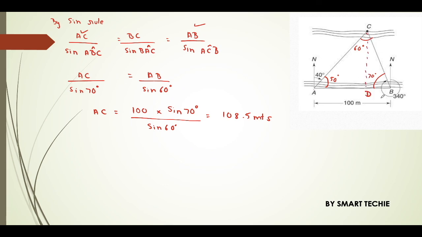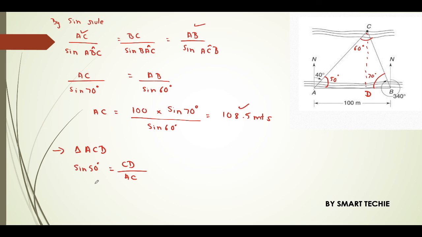Next, we need to find the width of the river, that is CD. In this case, the next triangle I'll consider is ACD. In ACD, sine 50 is equal to CD upon AC. Because I know the distance of AC, I can substitute.